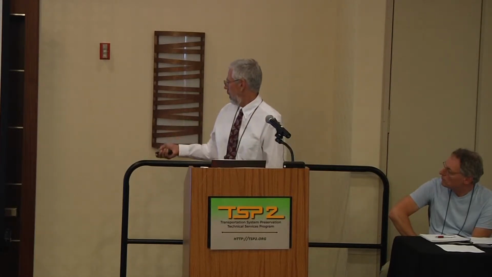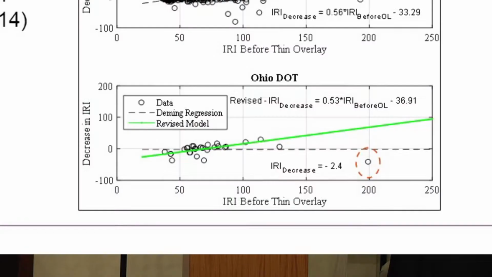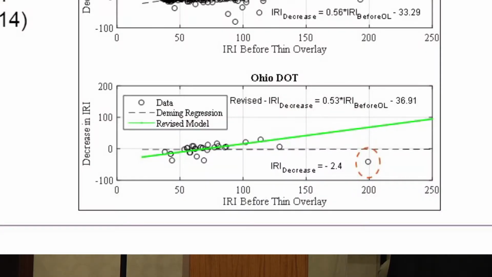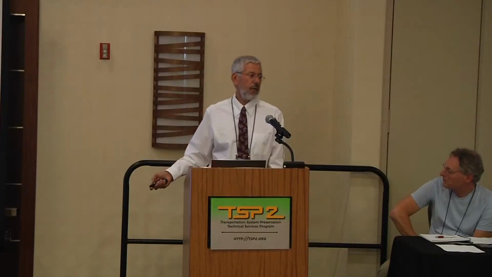A number of things that I'll point out from this slide. Number one, you'll notice there's a point circled here in red, which is an outlier. And there are different ways you can deal with outliers without necessarily eliminating that data point. But if you don't take into account that outlier, this dashed line is what you get. You get a horizontal line, which basically says it doesn't matter what the condition of the pavement is before the overlay, the effect will be the same, and that's not really true.